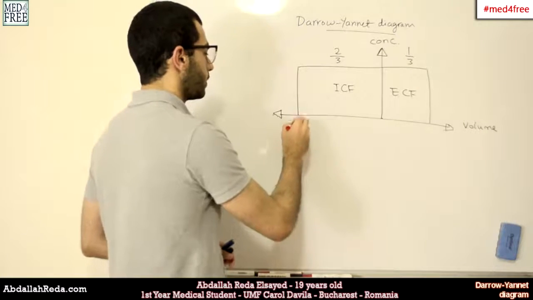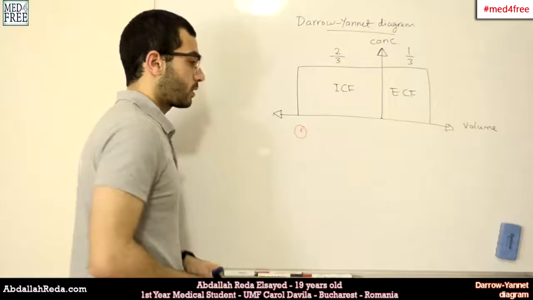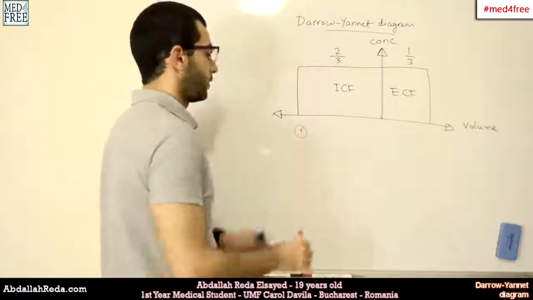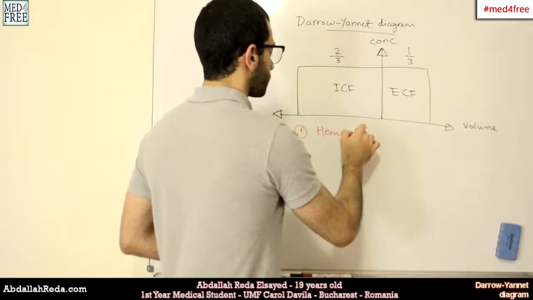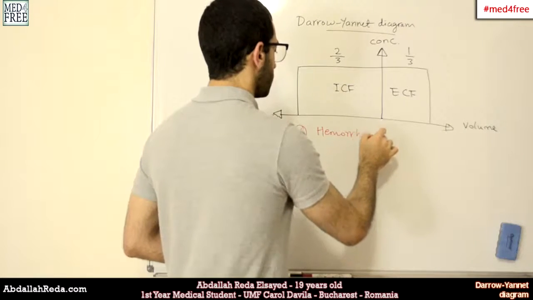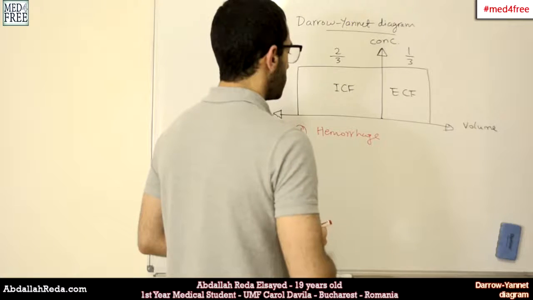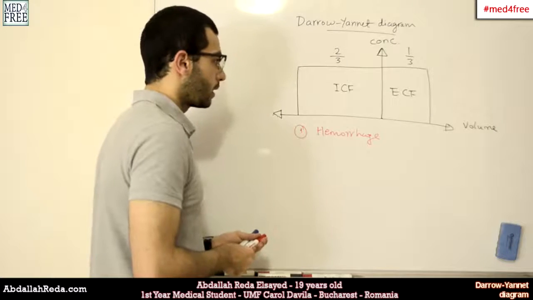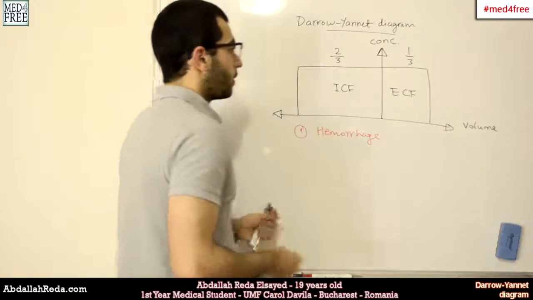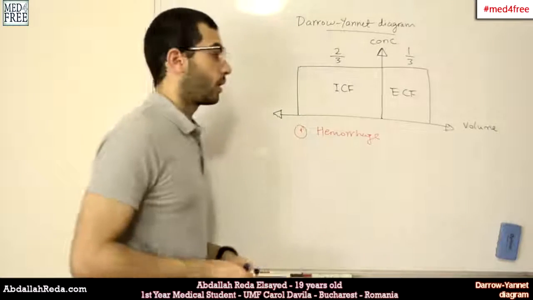When there's a loss of isotonic fluid, for example in hemorrhage, what happens is, this is an isotonic fluid.